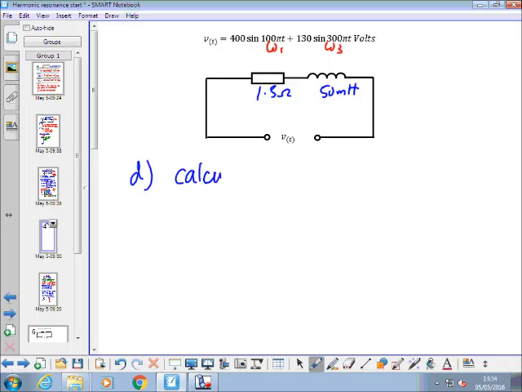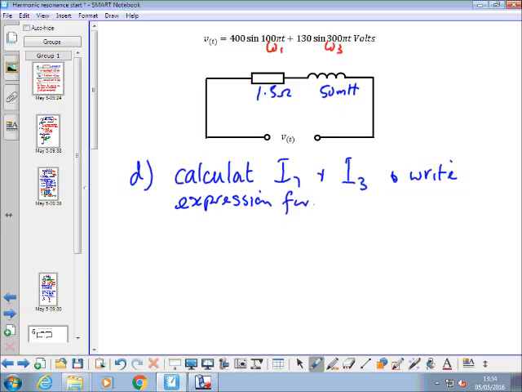Part D: calculate I1 and I3 and write an expression for i at time t.